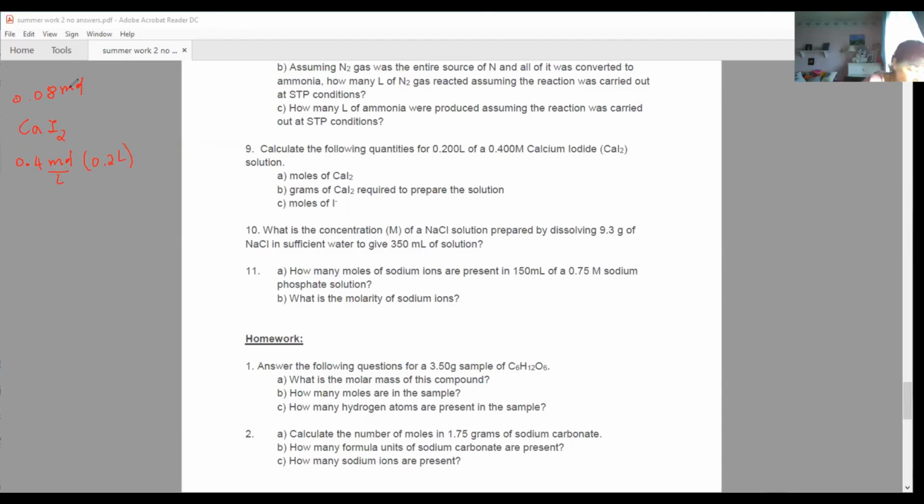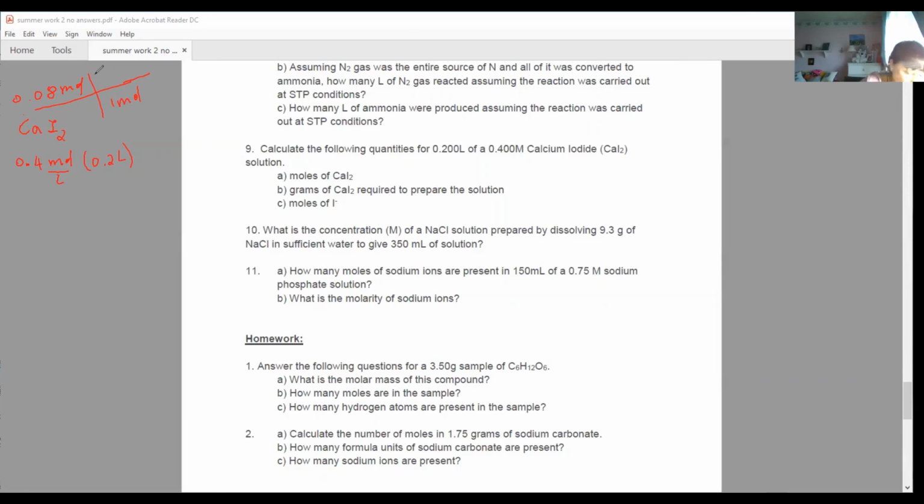Then how many grams of calcium iodide are required to prepare the solution? So for this one, how many grams? Once we have the number of moles, we can convert this right into grams. One mole is made of, calculate the molar weight of this, right? So calcium, which is 40.1, plus twice the iodine, which is 126.9.